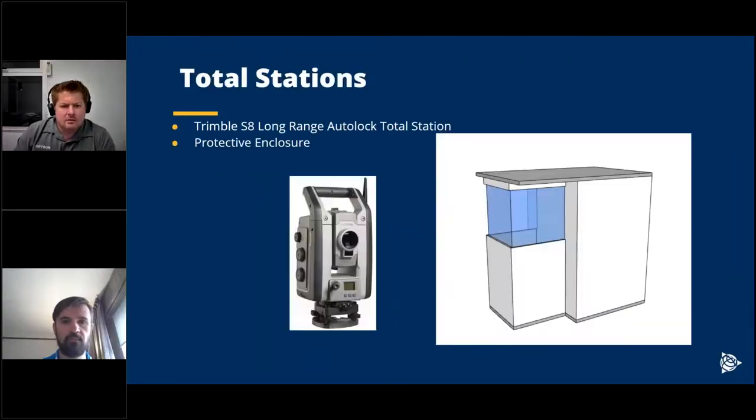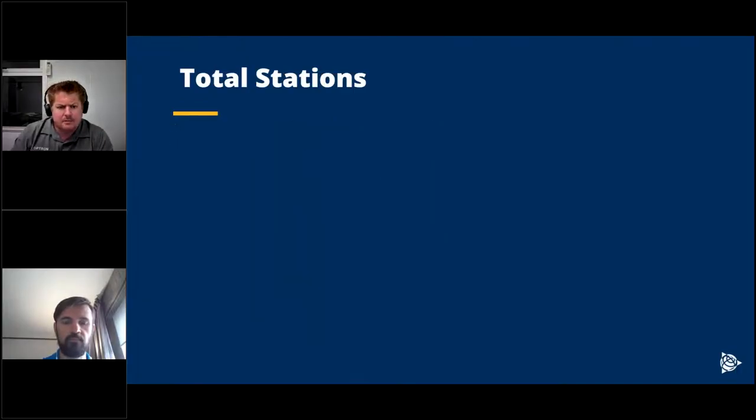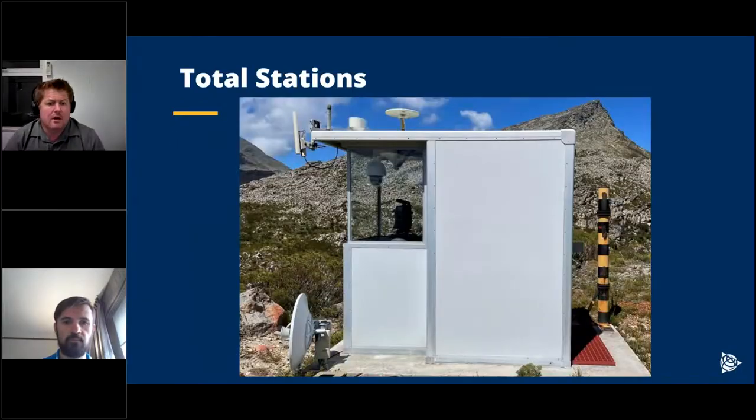Then the total station is a Trimble S8 long-range autolock total station. We tend not to use the robotic, because in the way that we assemble our electronics, you don't really need a robotic total station. The autolock will do just fine. And then we've added the protective enclosure. This is what our enclosure looks like at the top. There's our total station. We've even got a camera inside.